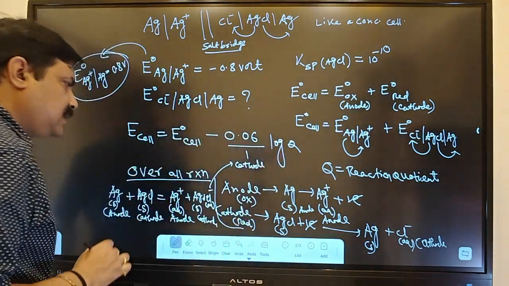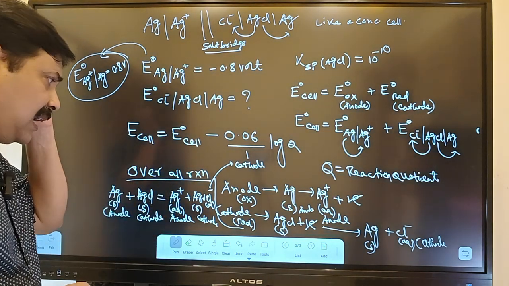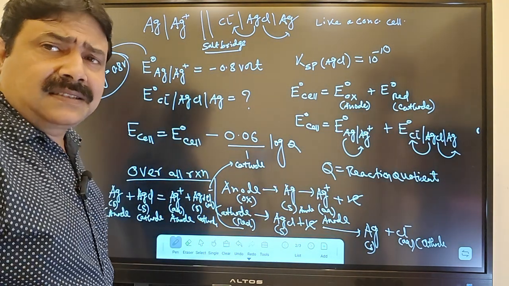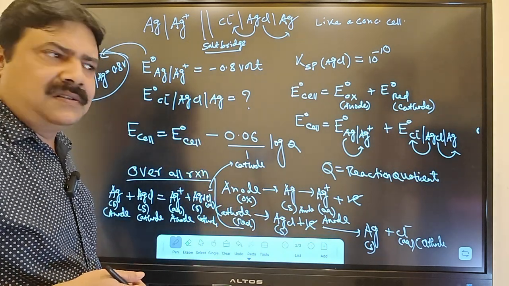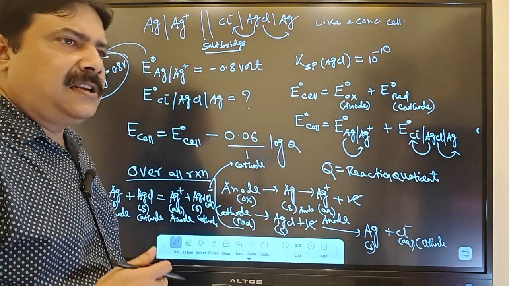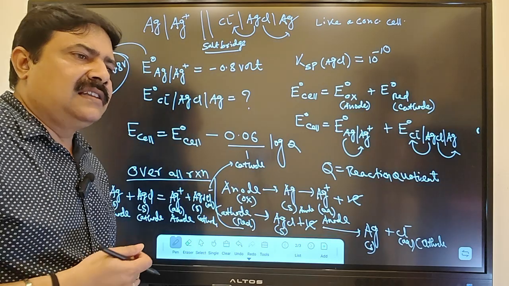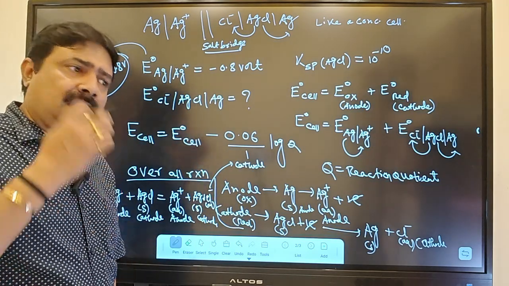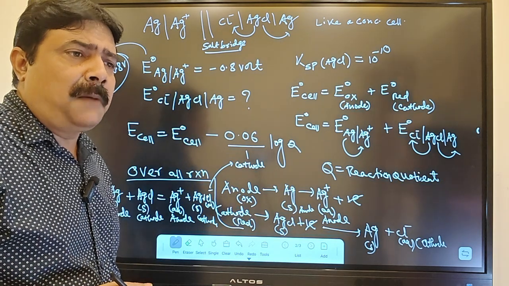Now if you look at this, the solid's active mass or molar concentration we consider as 1. Because for a solid at a particular temperature and pressure, its active mass or molar concentration is nothing but the ratio of density to molar mass.